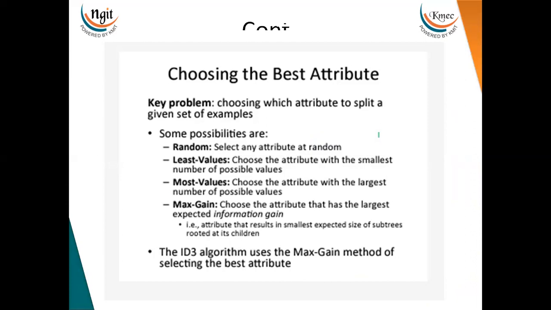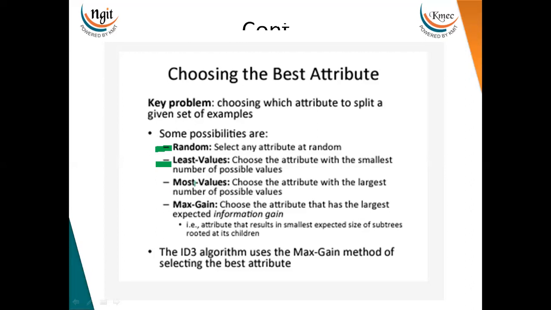There are some methods using which we can select the best attribute. In some algorithms, we can go for random, meaning I can randomly select any attribute as the best attribute. In some algorithms, I can choose the attribute with the smallest number of possible values, so that it will have the smallest number of subtrees.